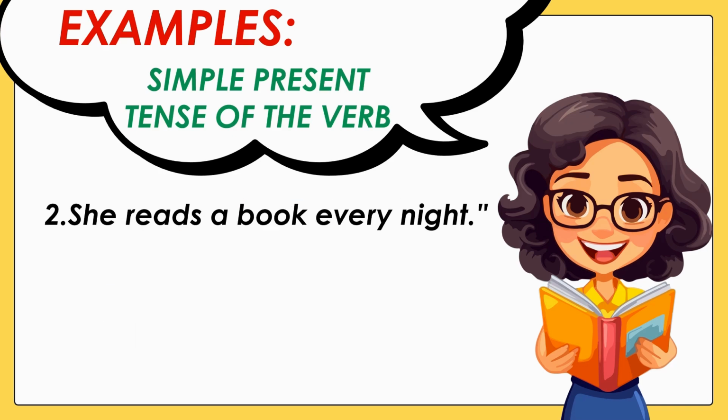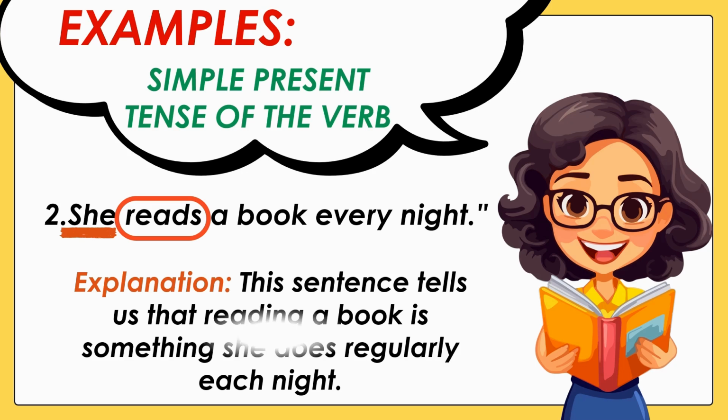Number 2, she reads a book every night. She is the subject, reads is the action word. This sentence tells us that reading a book is something she does regularly every night.